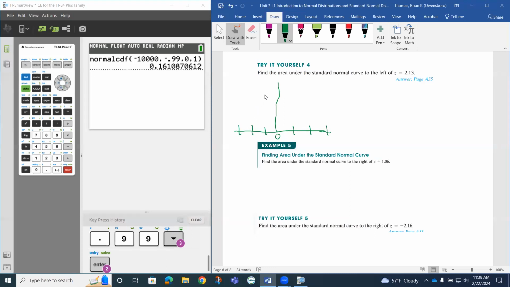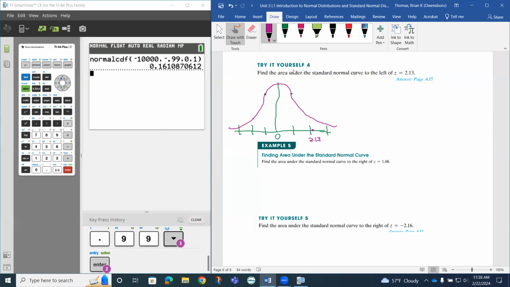The point of inflection is at 1 standard deviation. I'll come over here, bend at that point, come down, and bend out like that. So 2.13 means we're going to be over here, just to the right of 2.